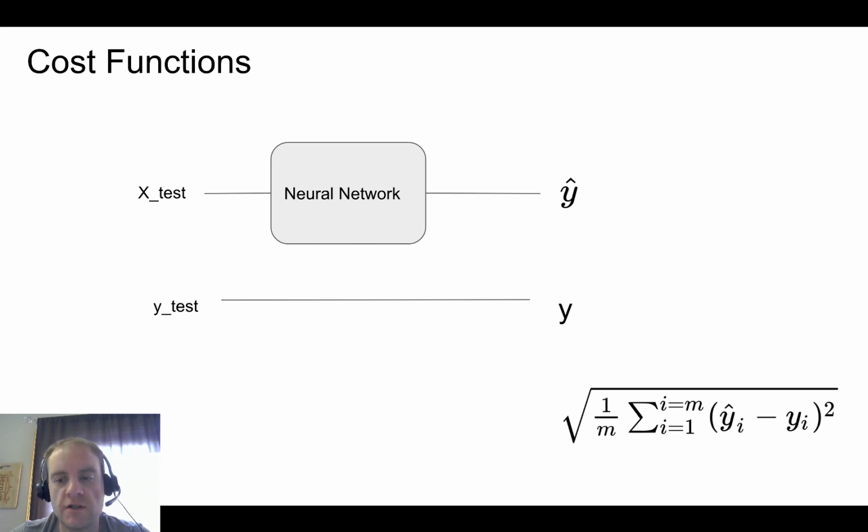We can use the cost function to measure the difference between y and y hat, and then we'll know how close we are. You can see from this slide, I'm suggesting that this would be a regression problem and that we're using root mean squared error. Of course, there are lots of different cost functions. It very much depends on the problem that you're trying to solve.